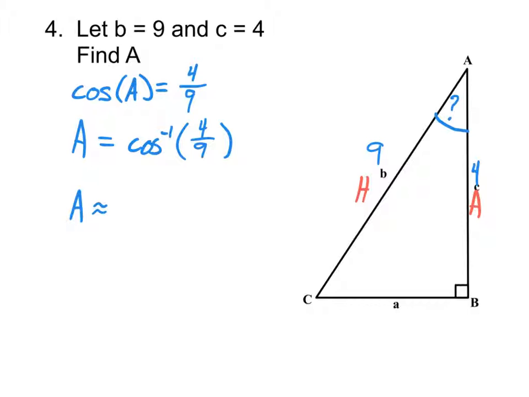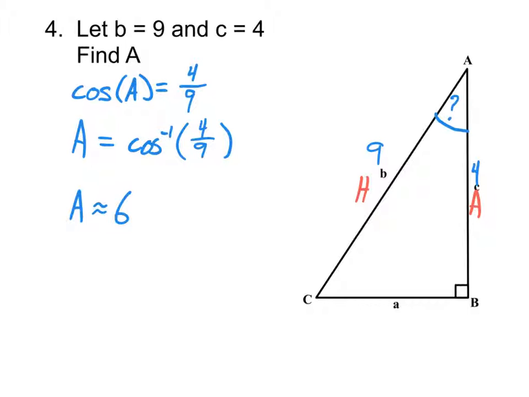So to do this calculation, again, it depends on what type of calculator you're using. If you're looking for inverse cosine on your calculator, though, it is almost always second cosine. So on a graphing calculator, second cosine 4 divided by 9 equals. Scientific calculator, do the 4 divided by 9 first, and then do second cosine.